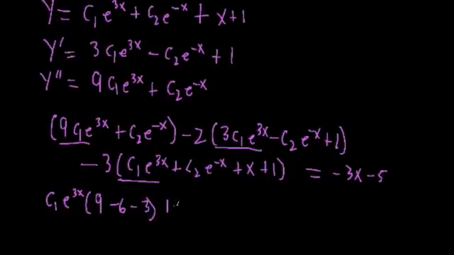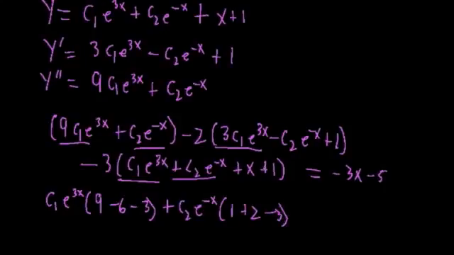And then plus c2 e to the negative x times 1, minus 2 times minus 1, which is plus 2, and then minus 3 times 1, so minus 3. And then let's group all the remaining terms together. So we have minus 2 from up here, then minus 3 times x, then minus 3.